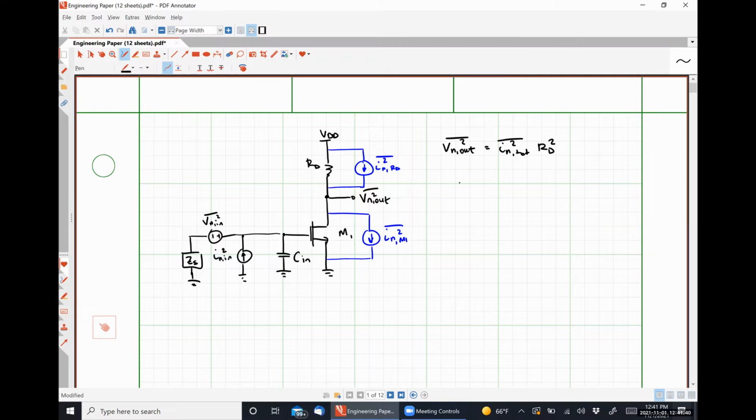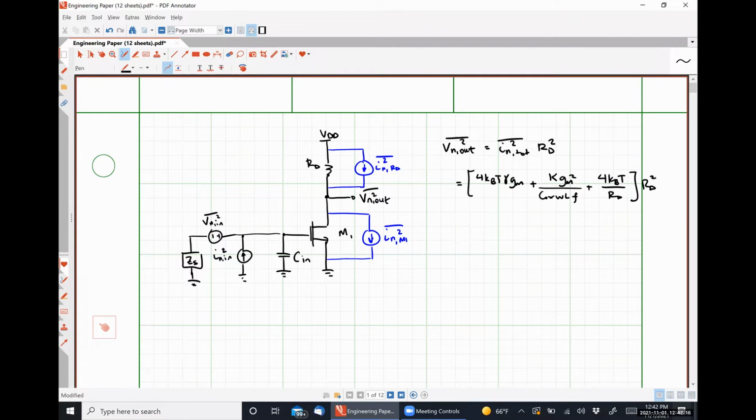which gave us 4 kBT gamma gm plus K gm squared over Cox W L f plus 4 kBT over RD. All of this multiplied by RD squared.